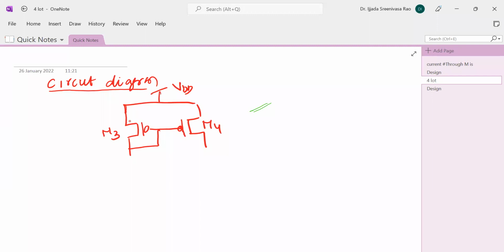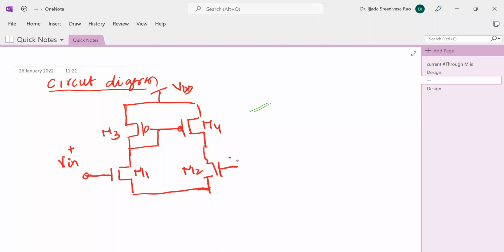And here is the differential pair. This is the M1 transistor. This is the M2 transistor. This is the positive input terminal, Vin plus.